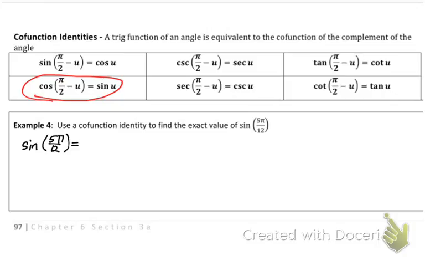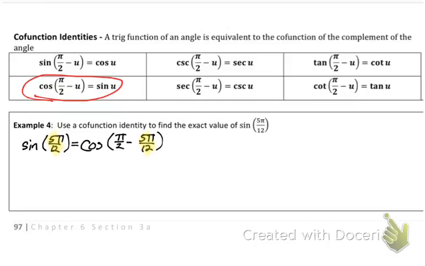What I'm going to spit out is the fact that that's the same thing as cosine of pi over 2 minus that same thing. Per this, notice this u is just this. All right? This 5 pi over 12 is the same thing as going cosine of pi over 2 minus the 5 pi over 12. So this is kind of like my u. And per this, I can do that.